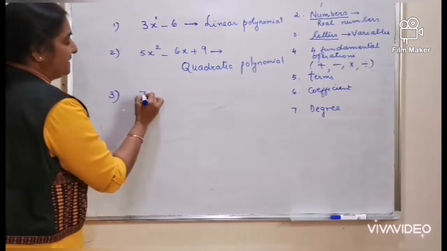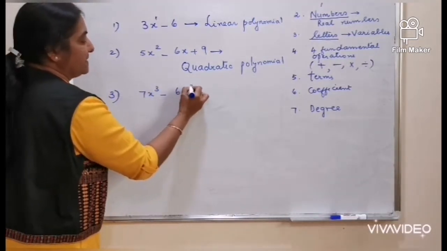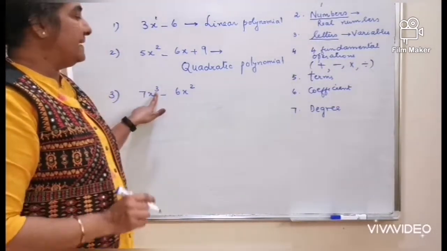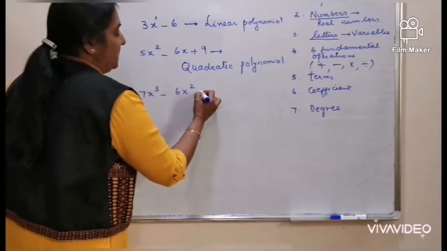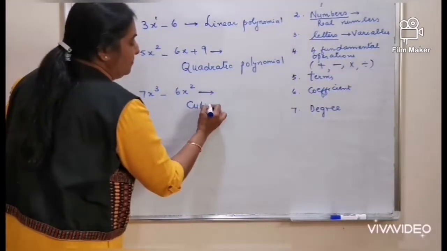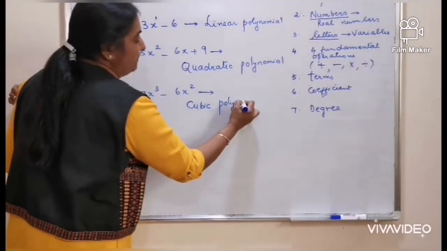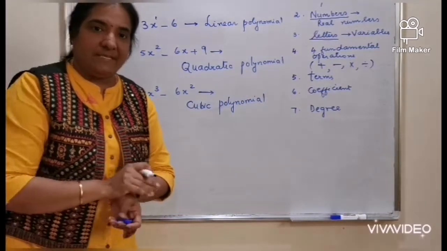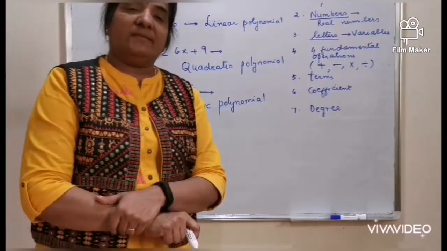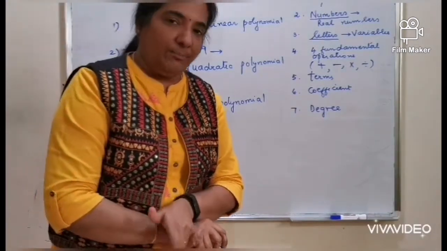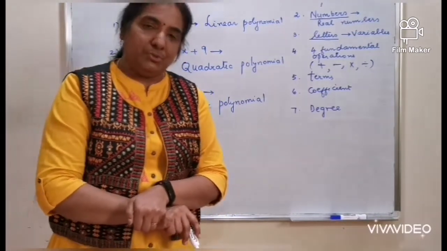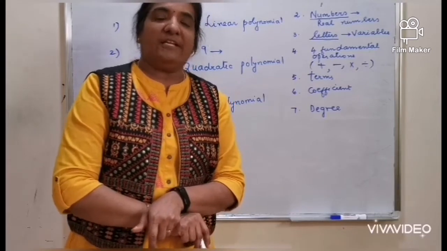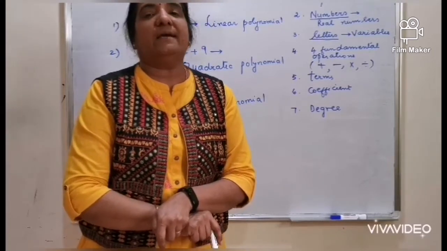Same way, if you consider 7x cubed minus 6x square, this is a polynomial of degree 3 and it is named as a cubic polynomial. That means a polynomial with degree 1 is a linear polynomial, a polynomial of degree 2 is called a quadratic polynomial, and a polynomial of degree 3 is called a cubic polynomial.